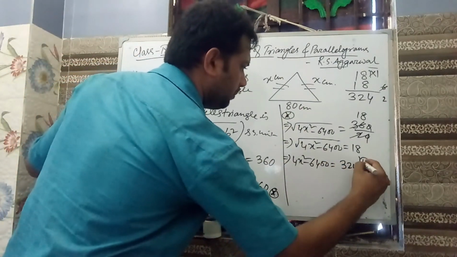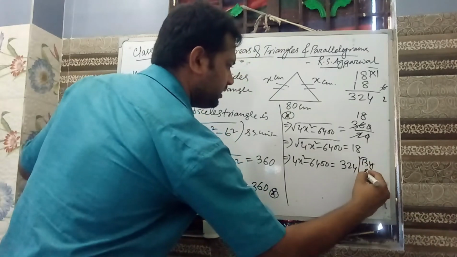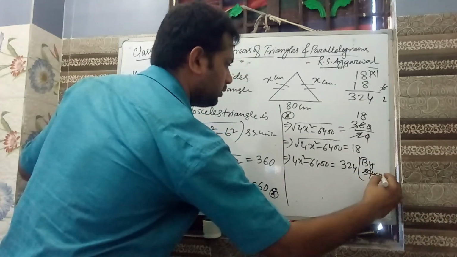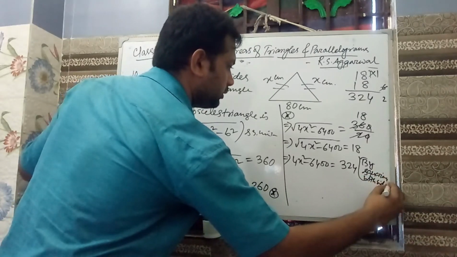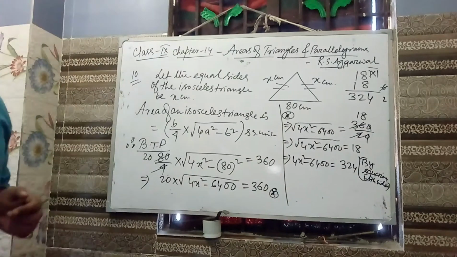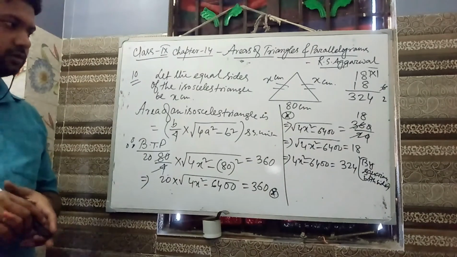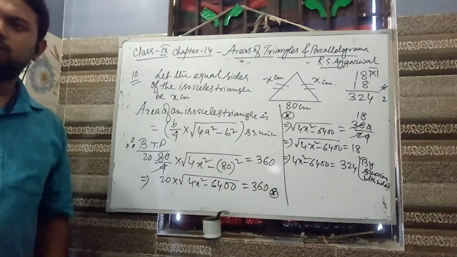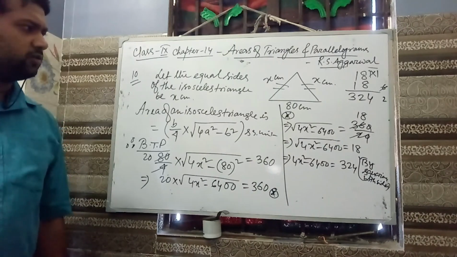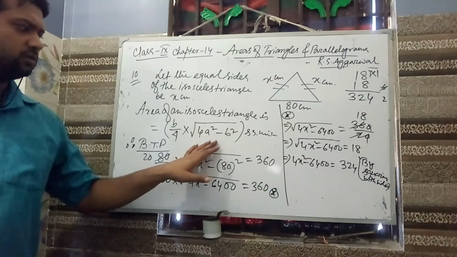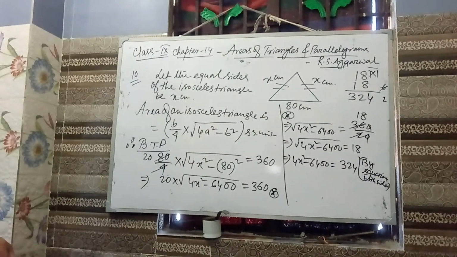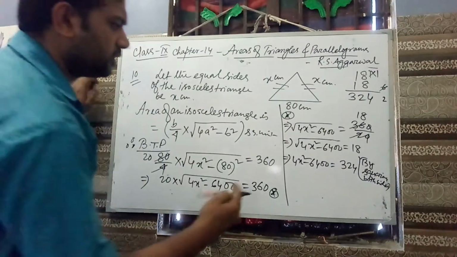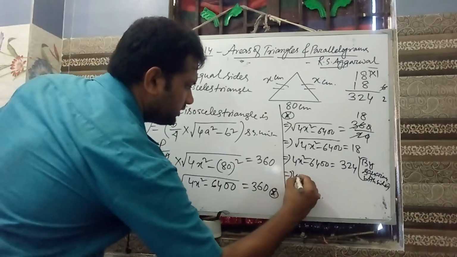Here write down by squaring both sides. Now look, 4x square.